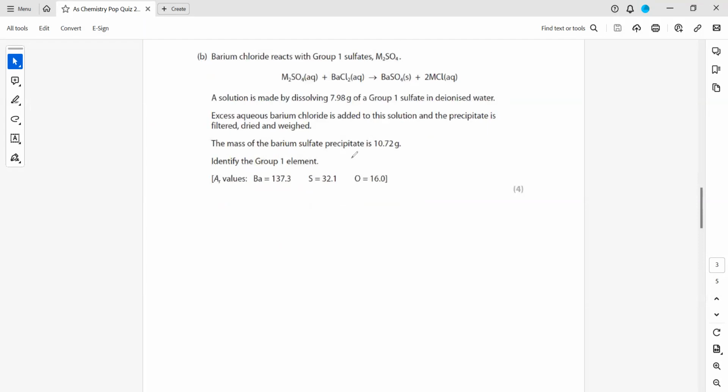So first, 10.72 grams of barium sulfate. First we'll work out the moles. How to work out the moles? Moles equal mass in gram over molar mass. So first the moles of barium sulfate.